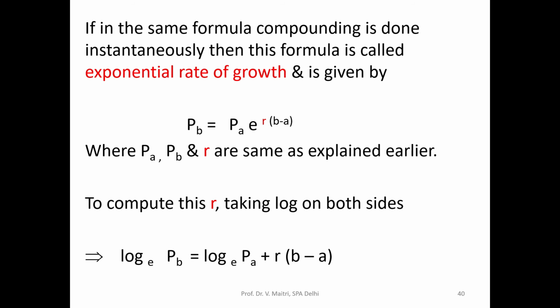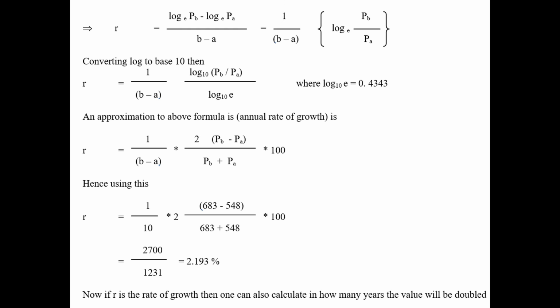So to compute R, taking log on both sides, log to the base e of PB equals log to the base e of PA plus R into (B minus A). So R works out to be 1 over (B minus A) into log e of PB by PA. We have to convert log e into log to the base 10, so log 10 of PB by PA into log e to the base 10, and log e to the base 10 is 0.4343.